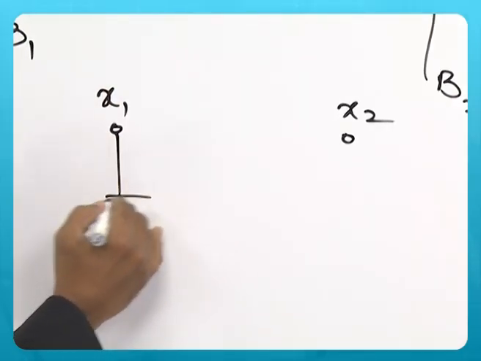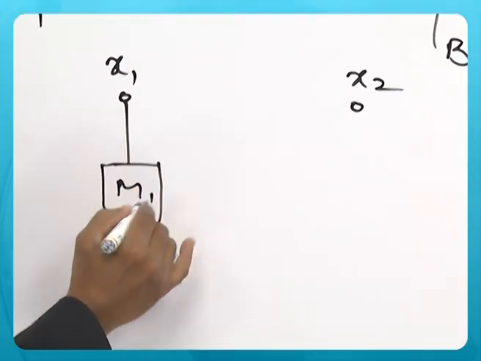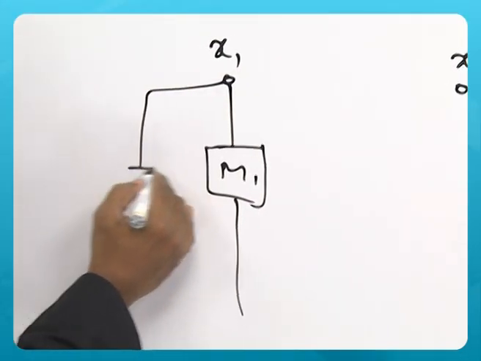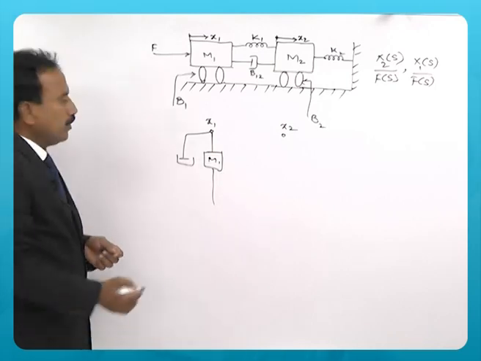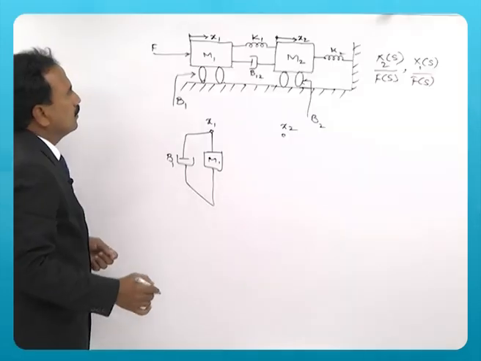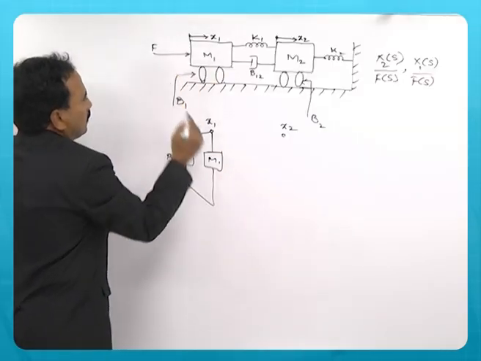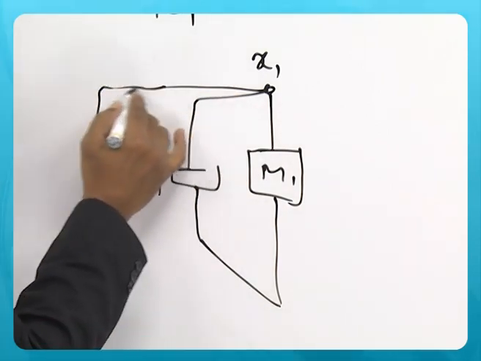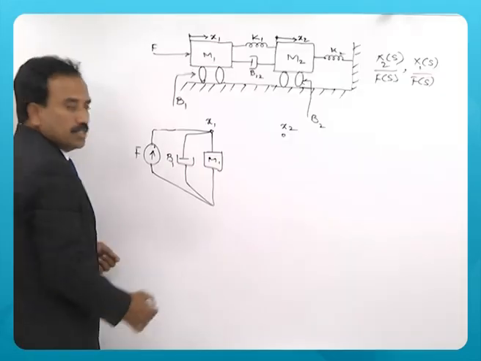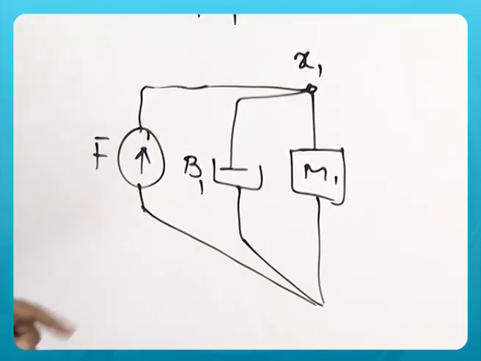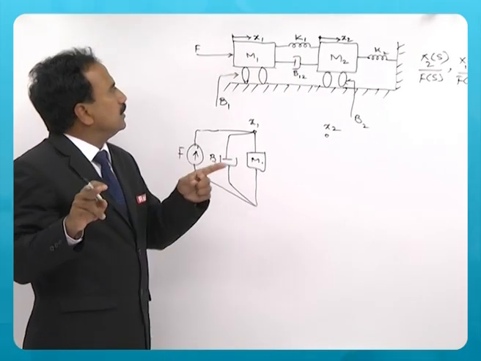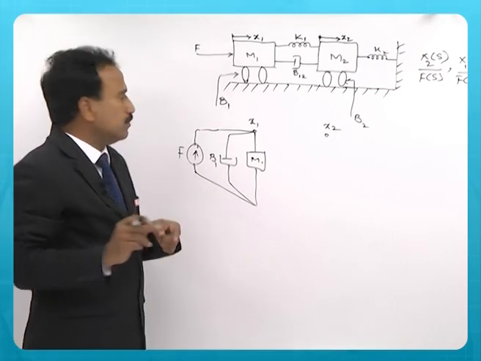So, there is a mass 1, and then there is a friction that is represented by a dashpot B1, and a force is applied. This is an active element of a mechanical system. You can see now K1 and B12 are between two masses, meaning two displacements.